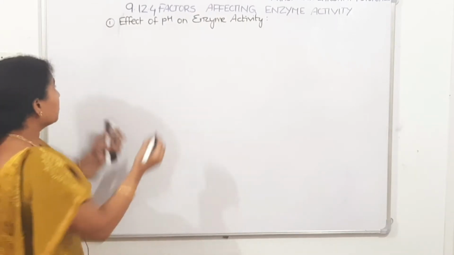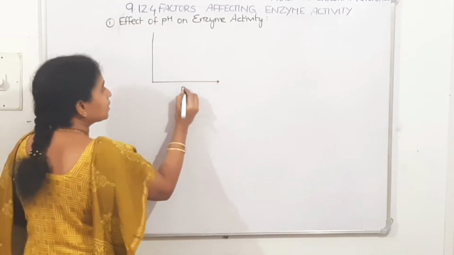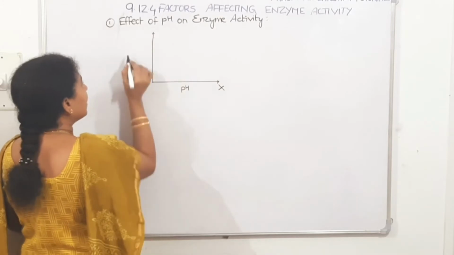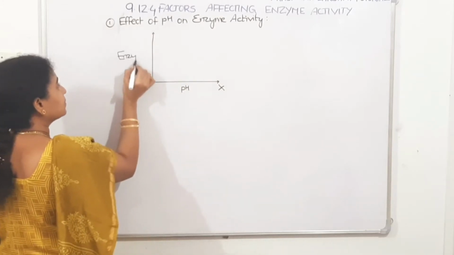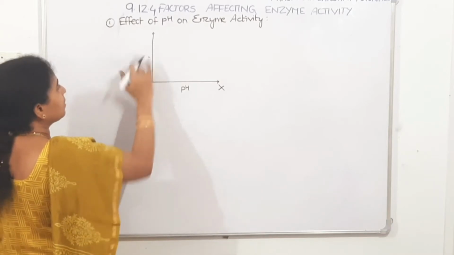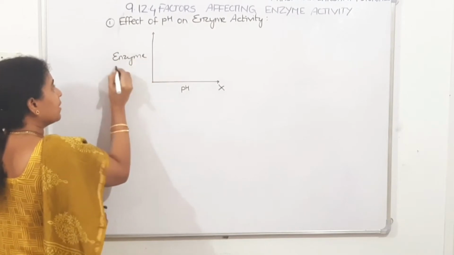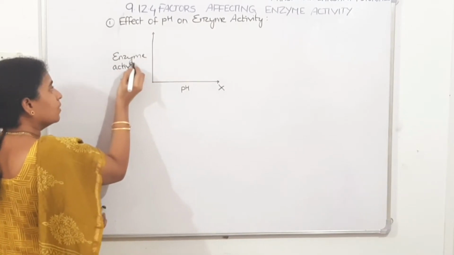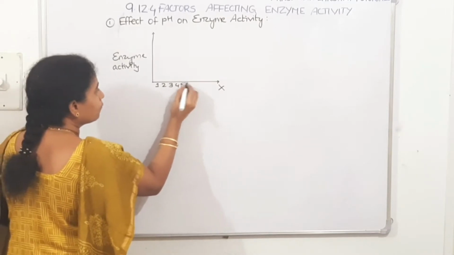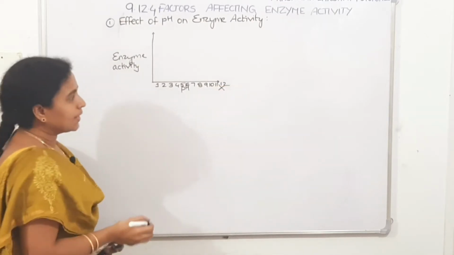Now, when we plot the pH scale on the x-axis and take enzyme activity on the y-axis, so 1, 2, 3, 4, 5, 6, 7, 8, 9, 10, 11, 12. This is the pH scale range.